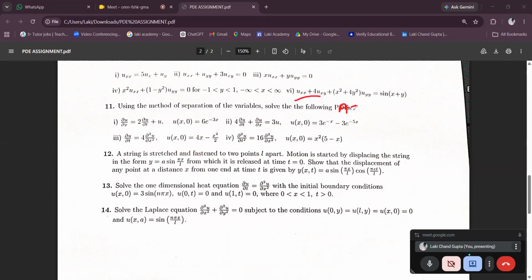See, in this equation, a is equal to 1, b is equal to 4, c is equal to x square plus 4y square. Right? So find b square minus 4ac.